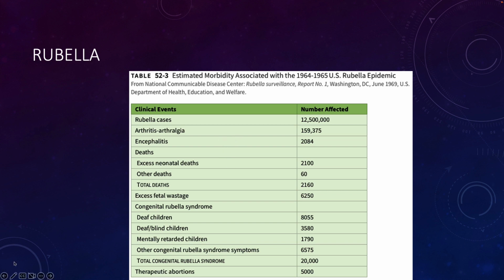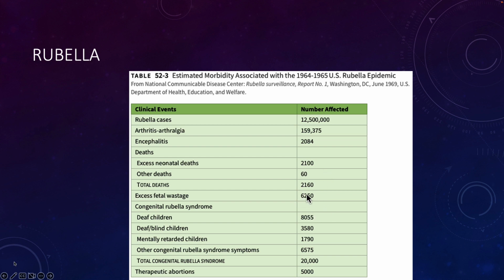We also want to look at this term, which is a really ugly term. It's the term used in your textbook, and it's the term that was used at the time: excess fetal wastage. That basically means miscarriage. So these were neonates that died. This could also be late-term stillbirths.